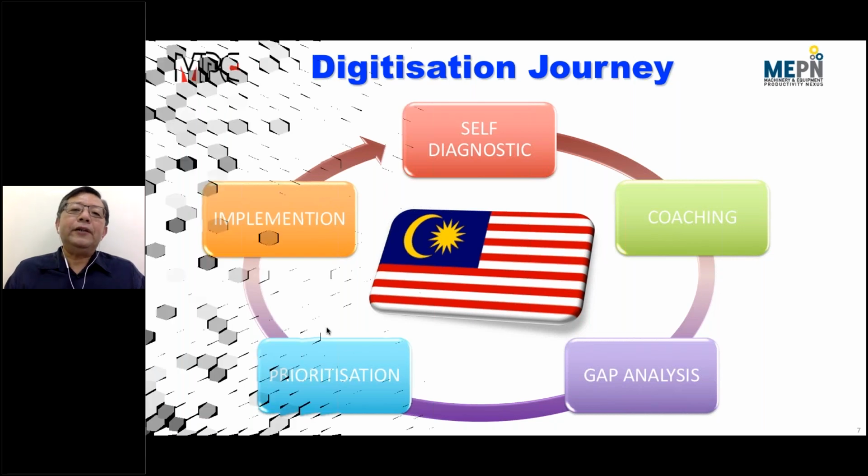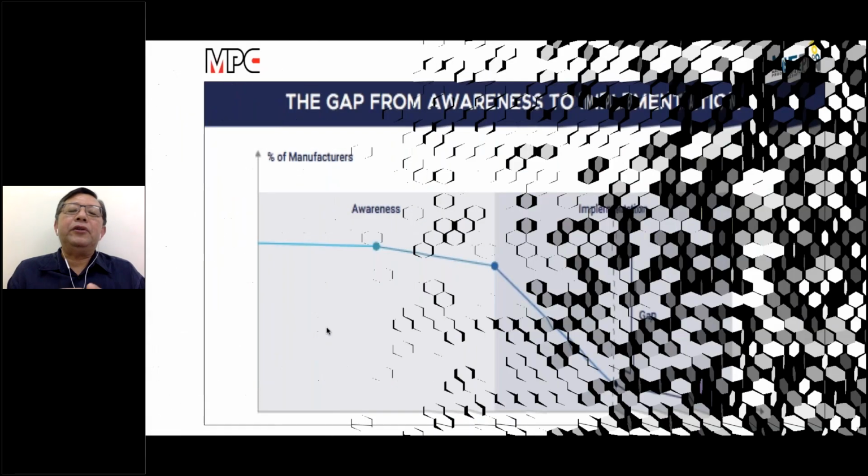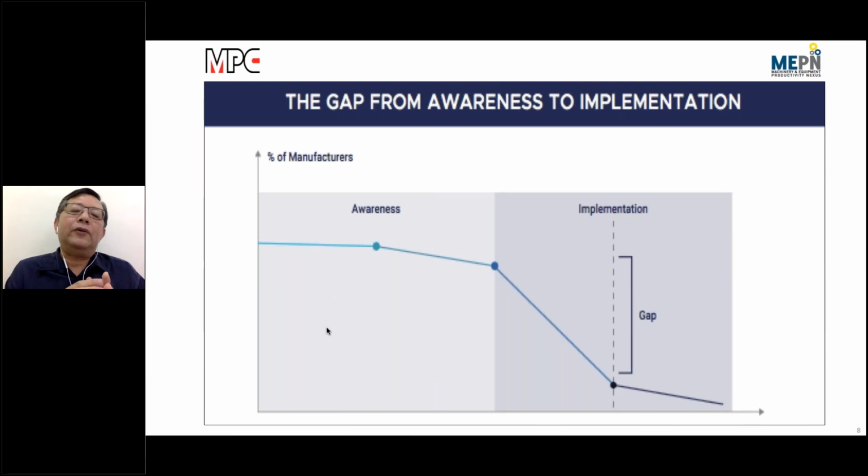So the next one, actually, we are trying to share with you why we are so concerned that gap analysis is needed, and why. The main reason is a lot of the SMEs are happy when they are told why Industry 4.0 is important. Basically, during the awareness, they get the information, they are ready. It's good news to them.